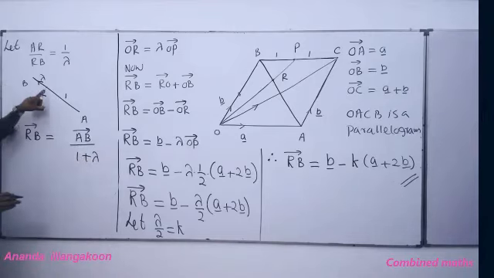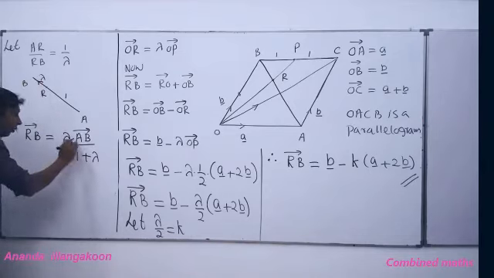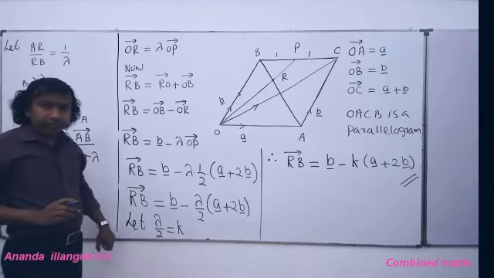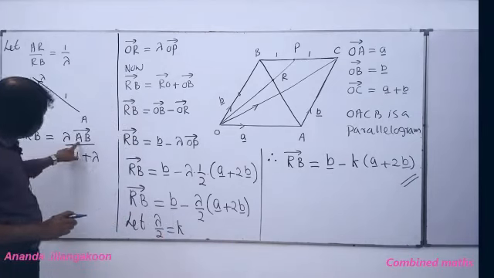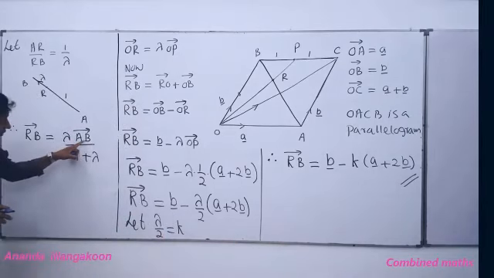Since we need RB, for this RB what is the corresponding ratio value? Lambda. By lambda we have to multiply. You know this before. Understood? But how to write this AB vector? We know: second letter position vector minus first letter position vector.